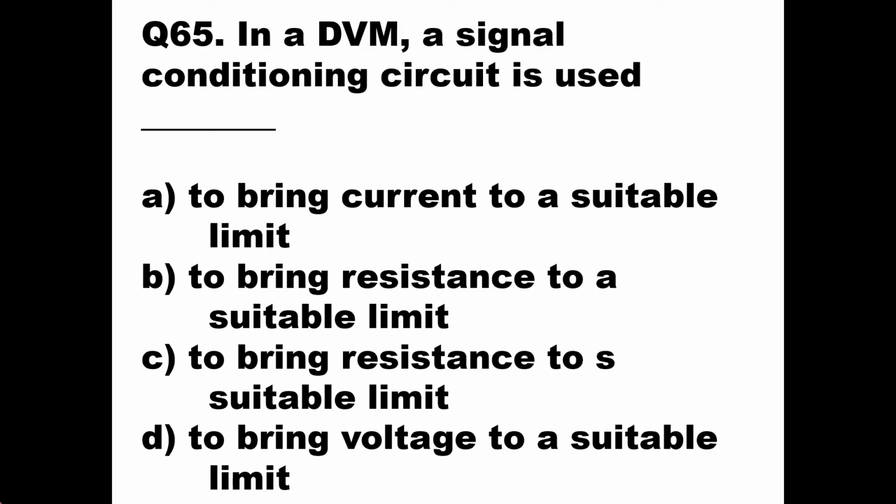Obviously it is to bring the voltage to a suitable limit, because these are conditioning circuits like your filters and amplifiers. They make sure the voltage coming in is at a suitable limit, so that it can be displayed in a proper way and with an accurate value. So D, to bring the voltage to a suitable limit, is the answer over here. Then we'll go to the next question.